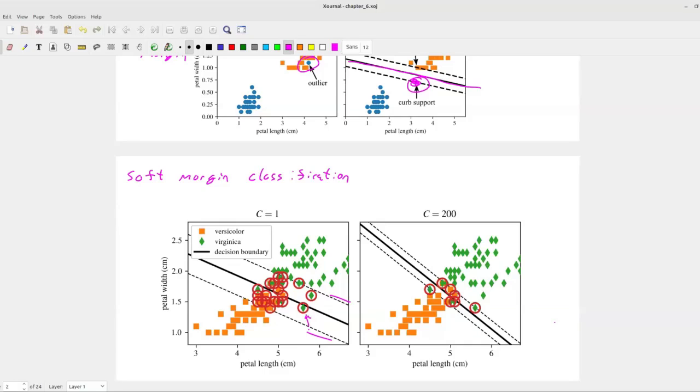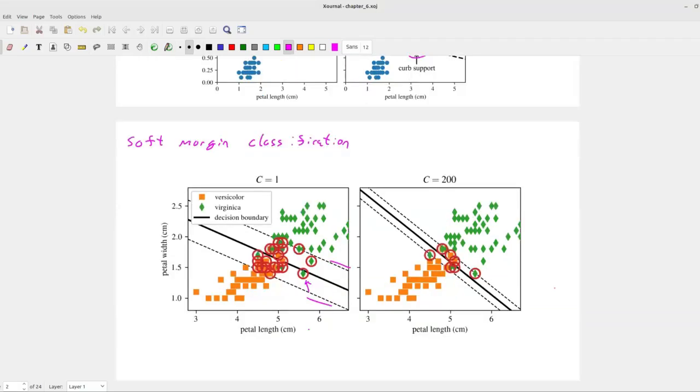And I can set a number of parameters to help determine the width of my margin and how many things fall within that. In scikit-learn's SVM implementation, this is done by setting the parameter C. So if I set a very low number for C, that means I'm going to let a lot of things into my road, right? It's a party in the street, it's a block party. If I set it to 1, a very low number, I'm not going to constrain the optimization function very much. If I set it to 200, it says, whoa, whoa, whoa, I don't want a lot of things in my street, right?